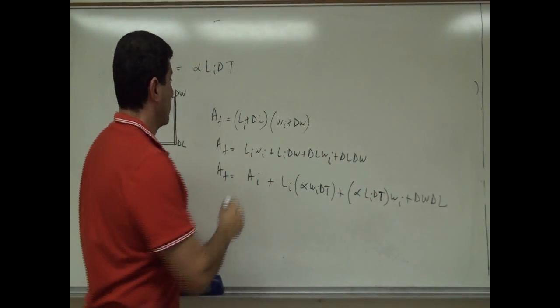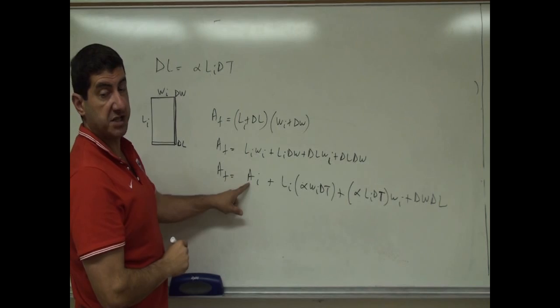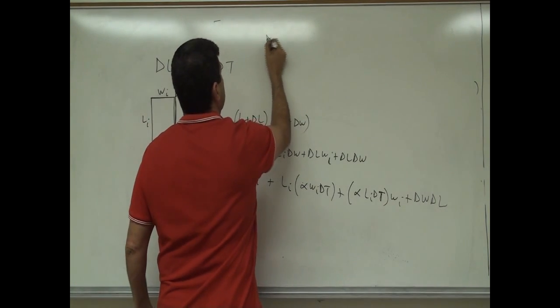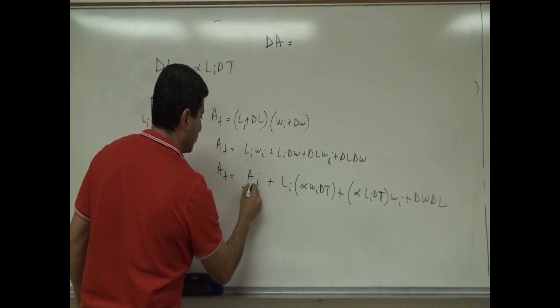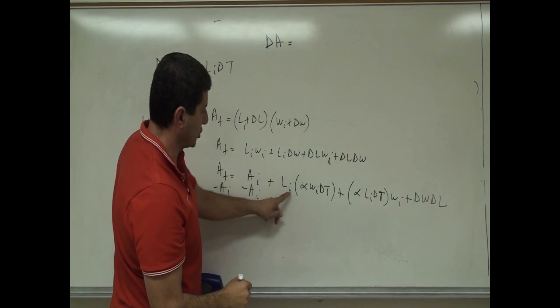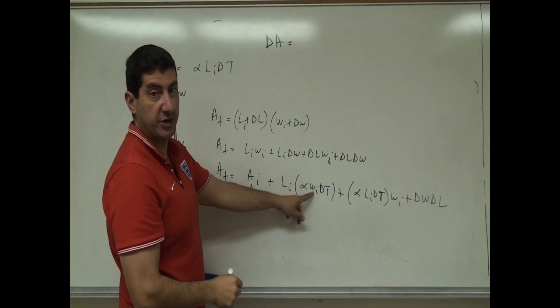So then what's going to happen here? A final minus A initial is delta A. It's the amount by which the area increased, right? I'm subtracting A initial from this. And then I have here L initial, W initial, that's the initial area, right?